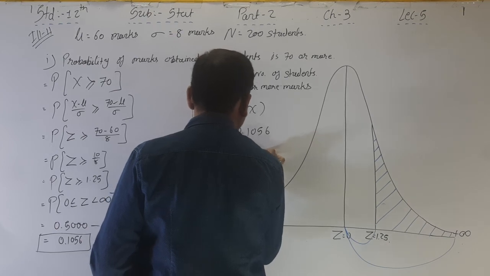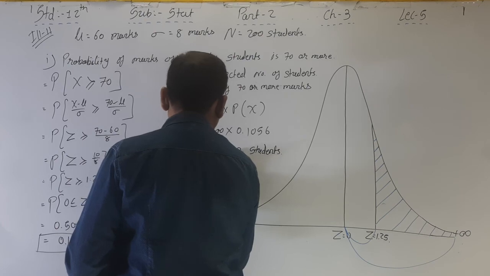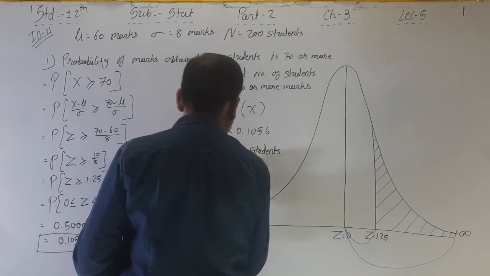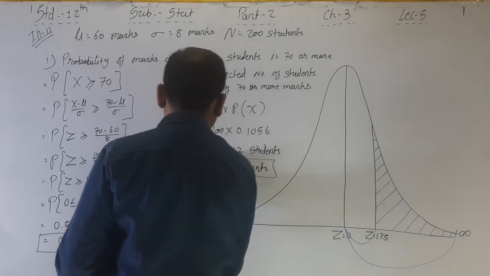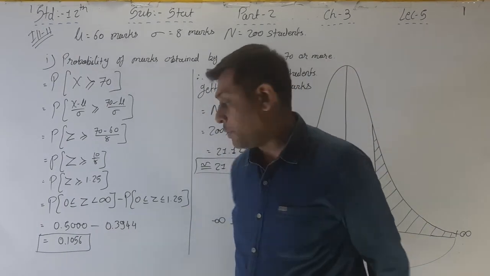So students are not in a fraction. That's why we can say 21 students are getting a special scholarship. 21 students approximately.